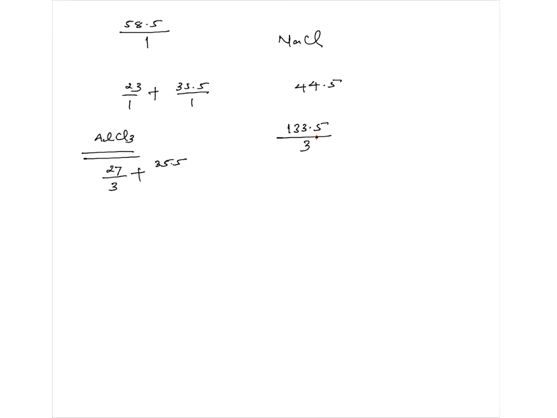Divide that by the total charge on the cations or the total charge on anions. In fact, cation is only 1, but anions are 3. 3 chloride ions are there. The total charge you have to see on the anionic part, which will be 3 minus 1 into 3. So 3 in any case, whether you take aluminium's +3 or chloride's -1 into 3. Divide by 3.